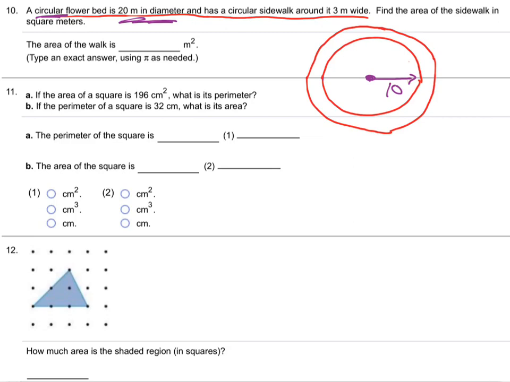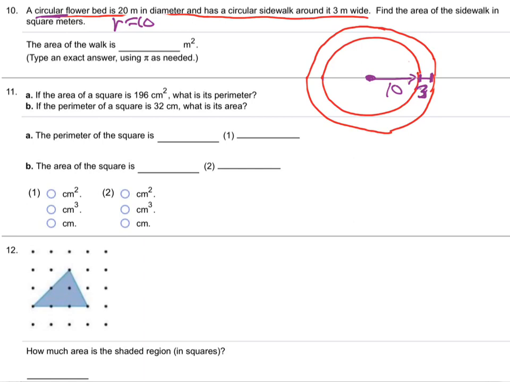The radius must be 10, right? Diameter 20 means radius 10. And the width of the walkway right here is 3, isn't it? So that's going to be 3, from there to there is 3.